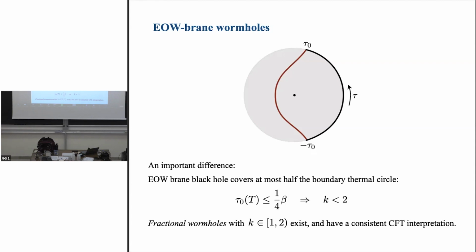These fractional wormholes make sense if you talk about the quotient geometry, and in fact are going to have a consistent CFT interpretation. So we don't actually need, for the coarse graining application that I'll discuss, we don't actually need the wormholes to have multiple boundaries. It's enough that they have more than one boundary.